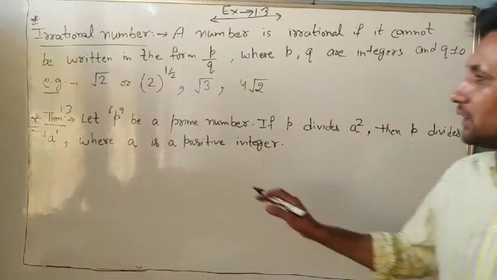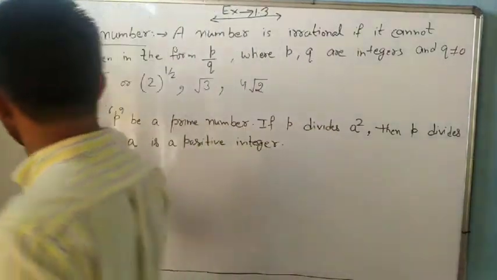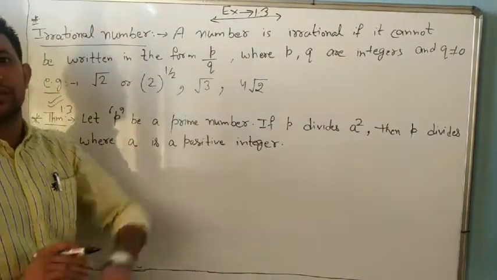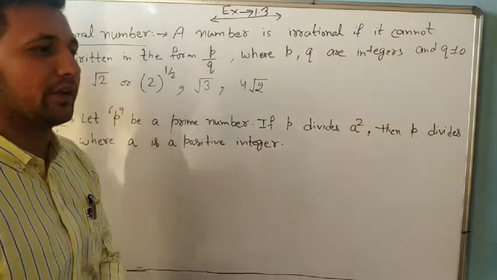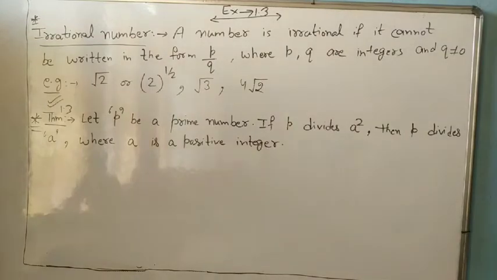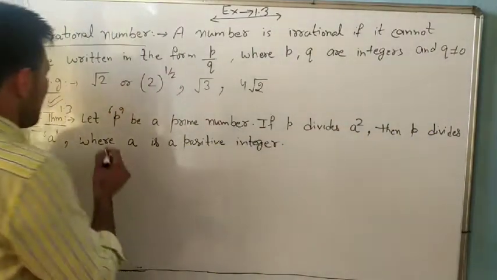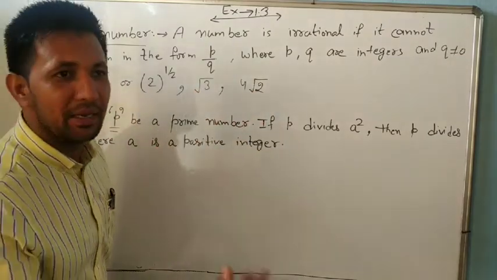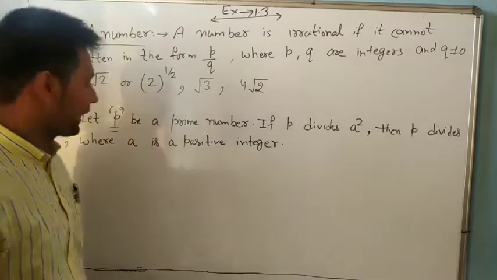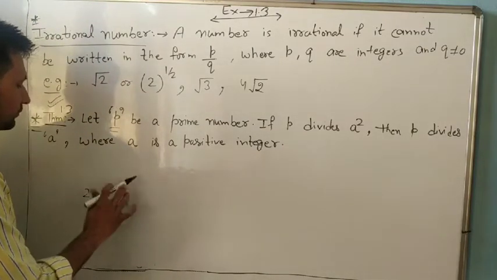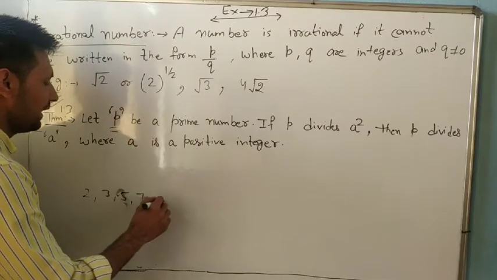Next, this theorem is very important. Its proof is not in our syllabus, but you have to remember these two lines. It's very important. In every question we will use it. Let p be a prime number, any prime number, maybe 2, 3, 5, 7 and so on.